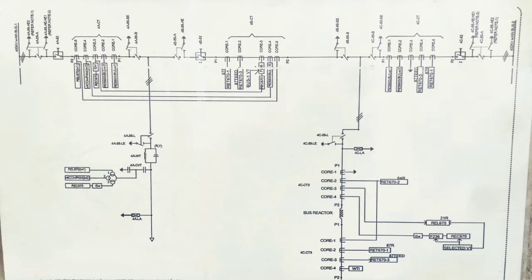So this is the basics of the CT cores used, and also the BCU, bay control unit, which controls the total bay, which means the outgoing line bay with isolator, earth switch, and breaker. All the status and commands can be given by the bay control unit, and also the measuring CTs are connected with the bay control unit, which measures the CT current loads and everything, and the PT measuring units will also be connected here.